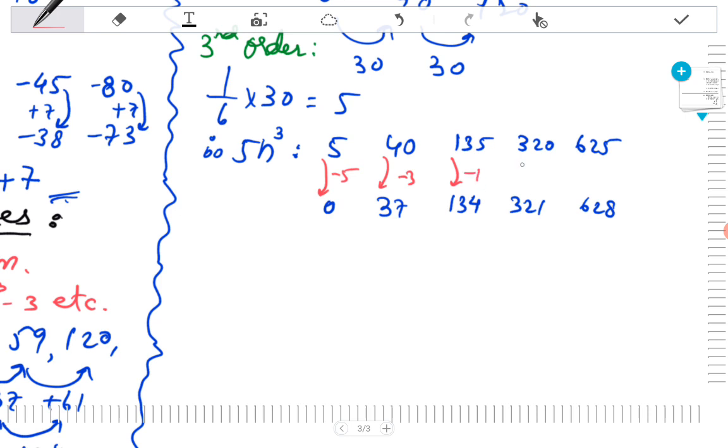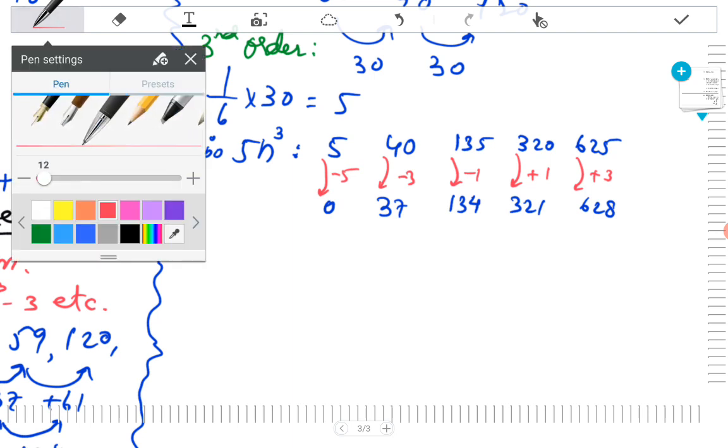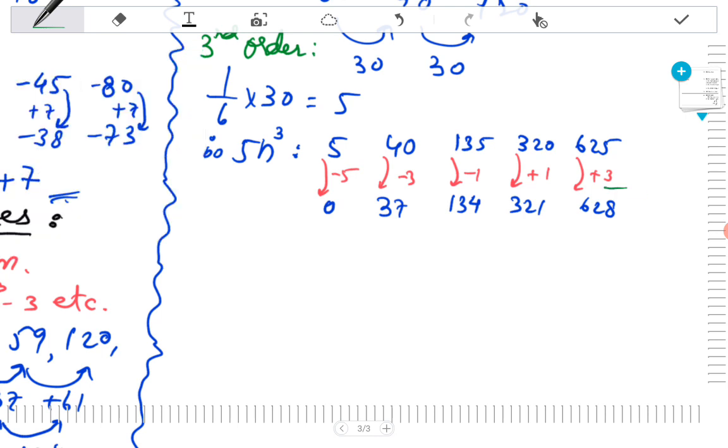Minus 1. With this 320? Plus 1. With this 625? Plus 3. And now you can observe that these numbers are making another sequence.